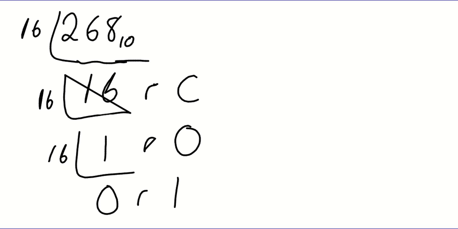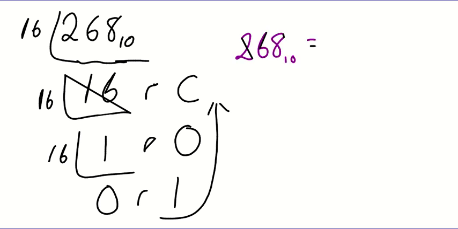And if we read that as a value from the bottom to the top, we get that 268 in base 10 is equivalent to 10C in base 16. 1 is 256 and the C we know is 12, and so it adds those up. So quite a complex one, but just by knowing that 16 times 16 is 256 it works out fine. So there's lots of those you can throw in as examples for the students.